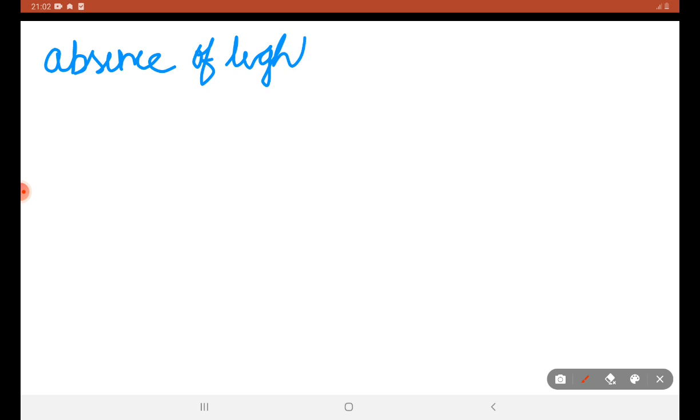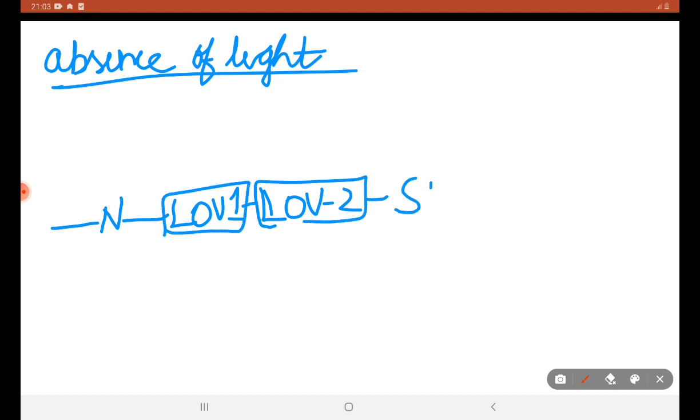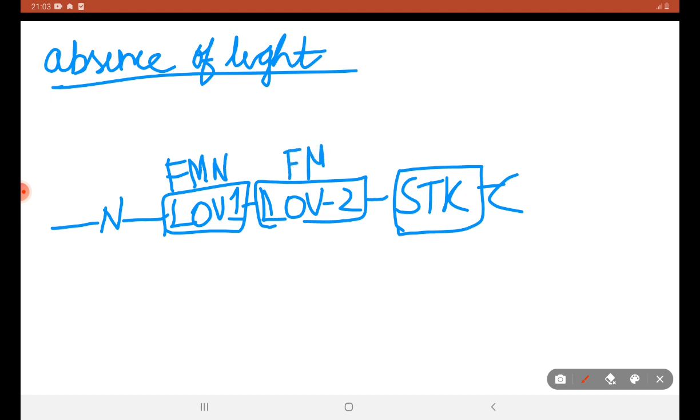In case of absence of light, we have the N-terminal domain. We have LOV1, LOV2, two domains, the serine threonine kinase domain in the carboxy terminal, and attachment of FMN with the LOV domain.